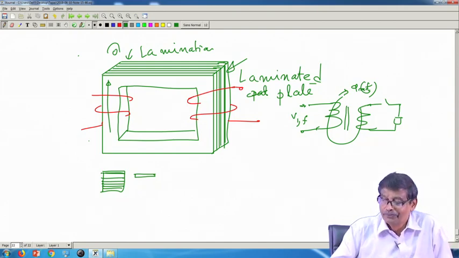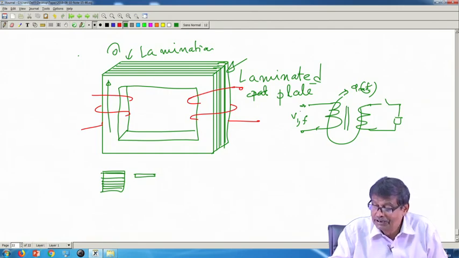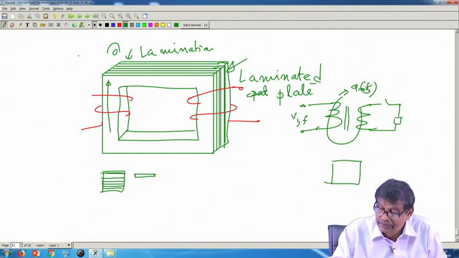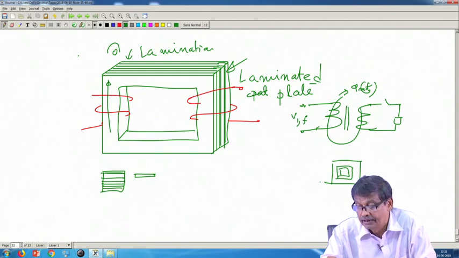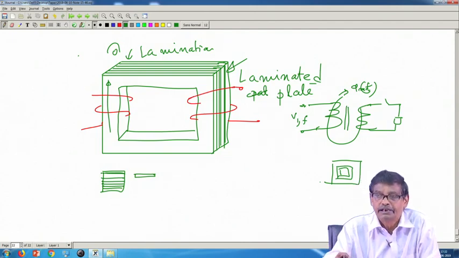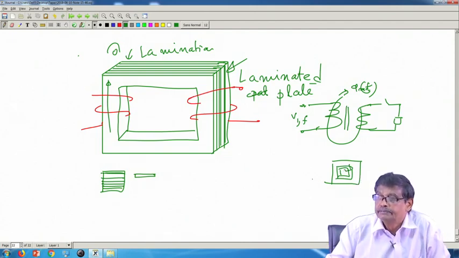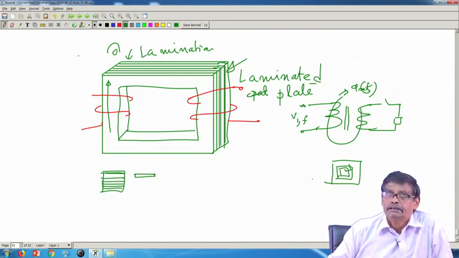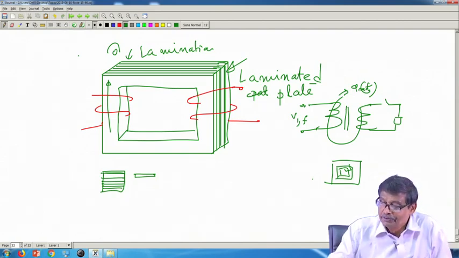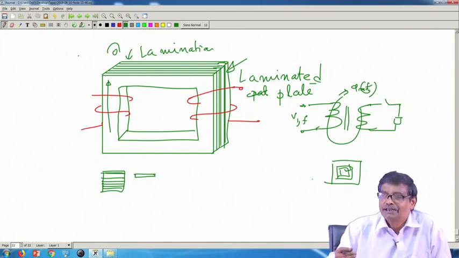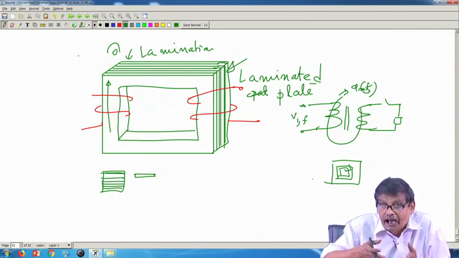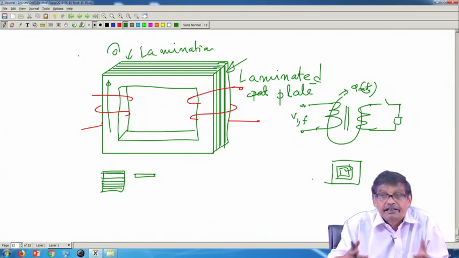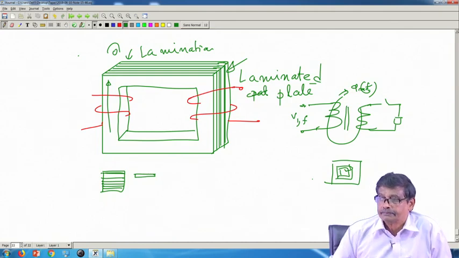You can also think, oh, I have applied the voltage, and in the core there were turns existing, they had induced voltage in the same way as your secondary coil had induced voltage, and they were driving current. You can also think like that. That is what I am trying to tell. Even with this switch open, it looks as if there is a secondary coil existing within the iron core, the circuit is closed, and they are carrying secondary current.